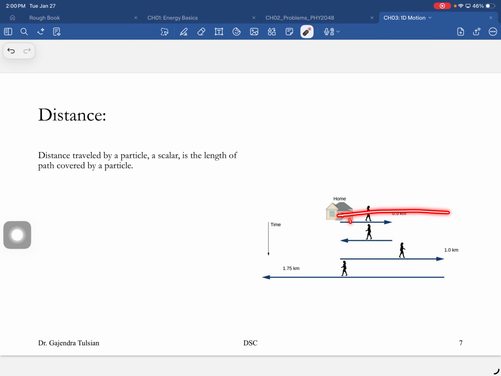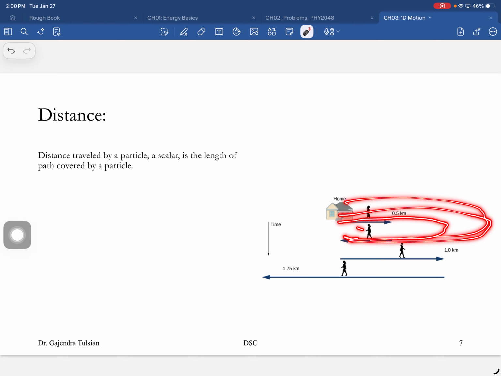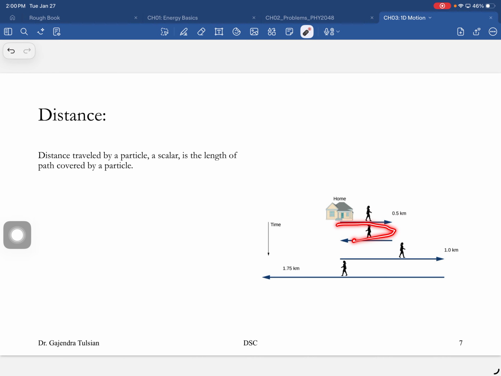All right, average speed. If you walked this 1 kilometer, the distance you traveled is 1 kilometer. Let's say you did this in 20 minutes, so it would be 1 kilometer for 20 minutes. That would be your average speed.